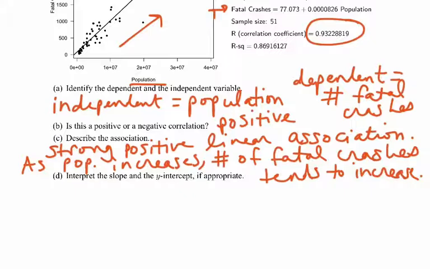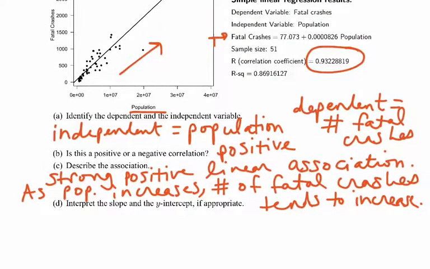Well, let's start with the slope. So go back up here, your slope is this number, and it's a pretty small number. So what I'm going to do, I'm going to convert that a little bit. I'm going to move the decimal point over till I get a 3-digit number. So I've got 0.00, 1, 2, 3, 4 zeros, and then 826. Remember that's over 1, right? That's your slope.